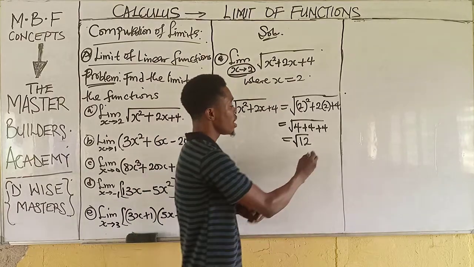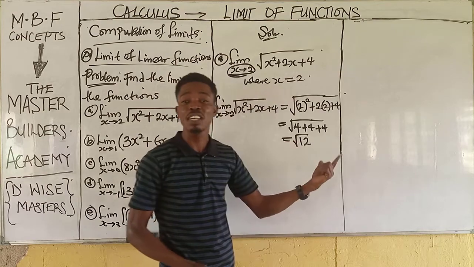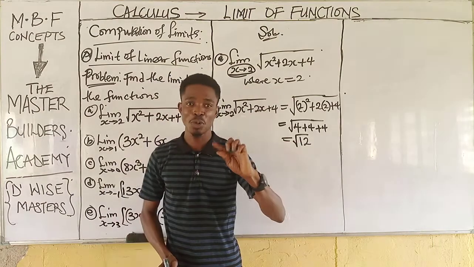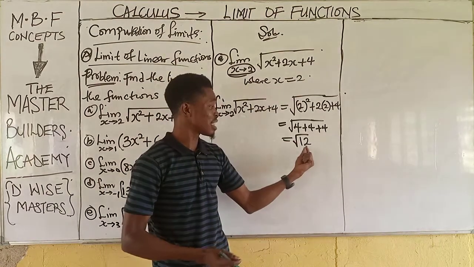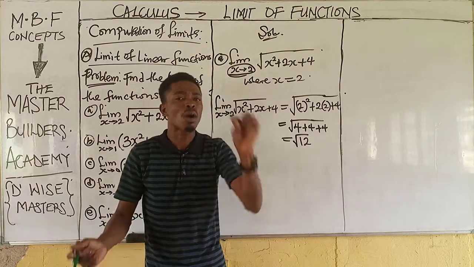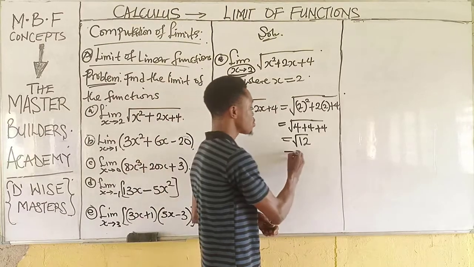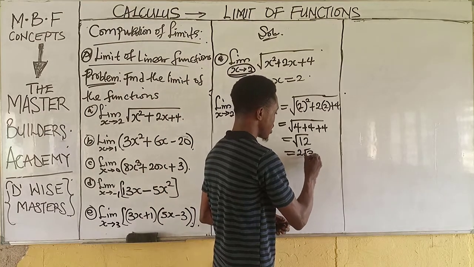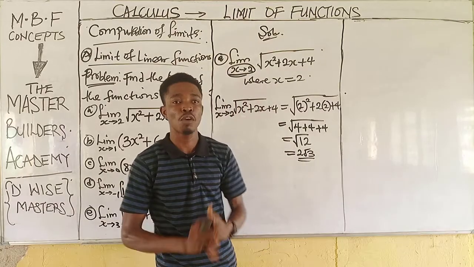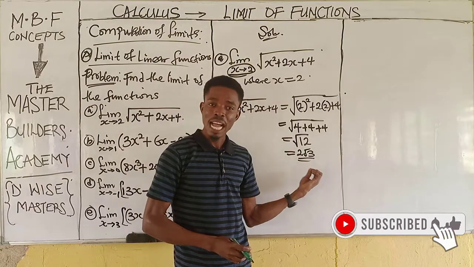All you need to do is to use your calculator or simply find two values such that their product will give you 12, and one of the factors should be a perfect square. We understand that 4 multiplied by 3 is 12 and 4 is a perfect square. Now when we find the square root of 4, we have 2. Therefore, this gives us 2 root 3. So if your options are in short form, then you will have any of these as the right option.